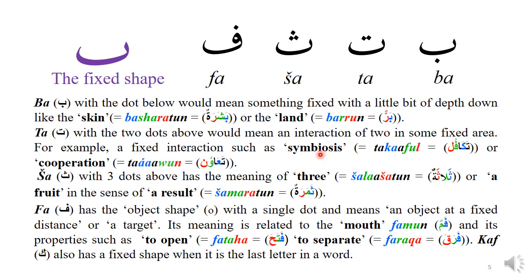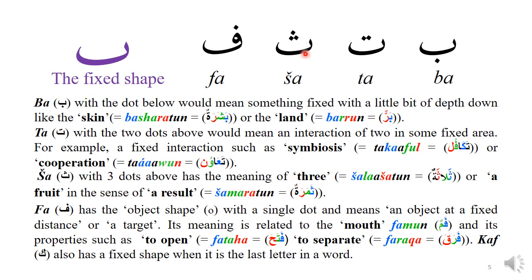Symbiosis means an interaction of 2 things where both parties benefit from each other. So that is expressed in this word called takaful, or say cooperation, ta'awun. Ta'awun means to cooperate, and you can see that in both cases, takaful and ta'awun, it is related to an interaction between 2 people.